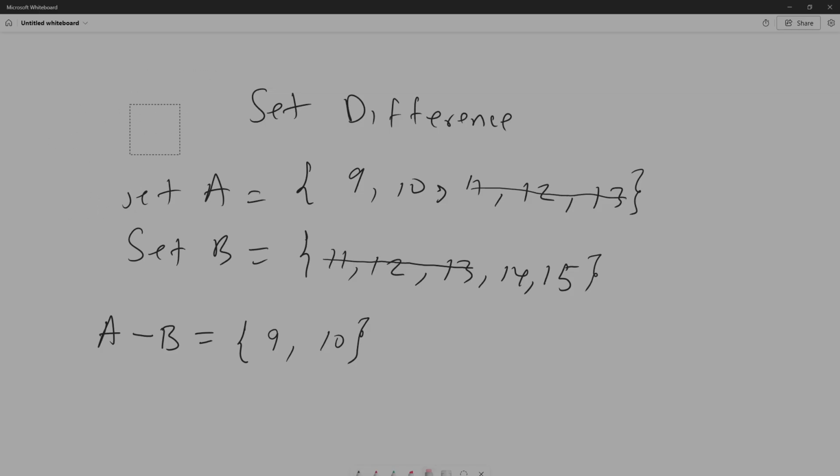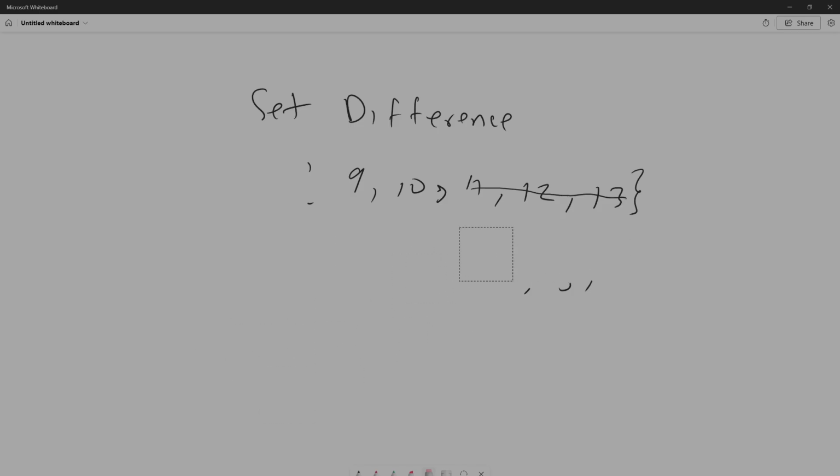Let's go to example number 4. Again, these are basic examples that are very practical and will help you work with these set operations. So example number 4, we're gonna do symmetric difference.